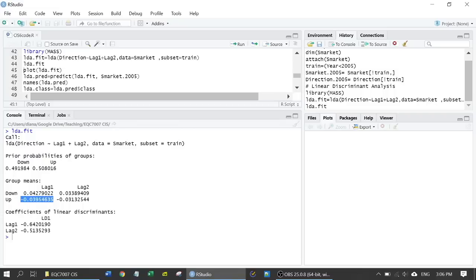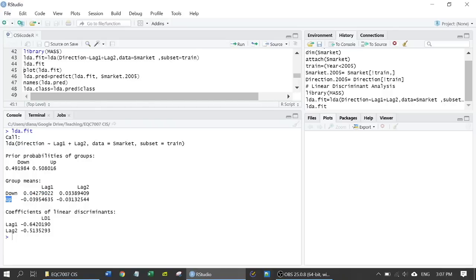And the average of leg 1, the percentage return of yesterday, belonging to the group up is negative 0.03. Similarly, we can see that for leg 2, this one is positive and the other one is negative. So basically, what does it mean? It means that if the market today is down, then the information that we get is that the average of yesterday's return is actually positive.